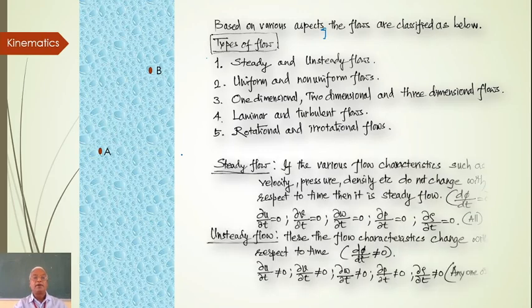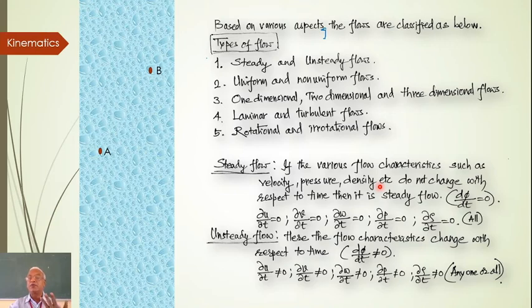Okay, here steady flow means what? I have defined it here. The steady flow definition is, if the various flow characteristics... Now, what are the flow characteristics? Again, I tell you, flow characteristics are nothing but velocity, pressure, density, depth.